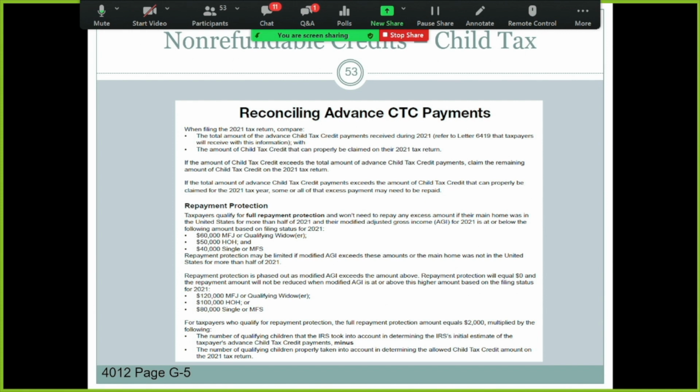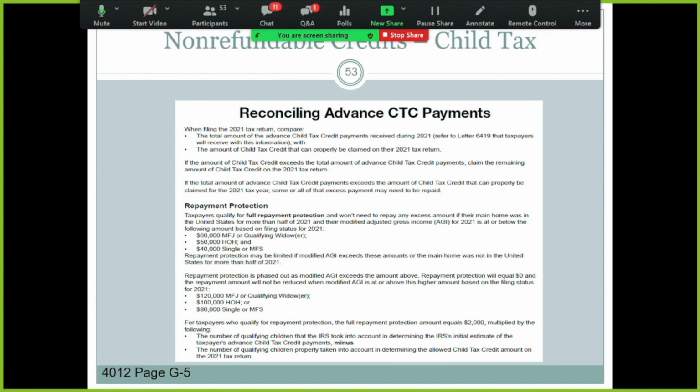Taxpayers qualify for full repayment protection and won't need to pay any excess amounts if their main home was in the United States for more than half of 2021 and their modified adjusted gross income for 2021 is at or below the amounts listed.